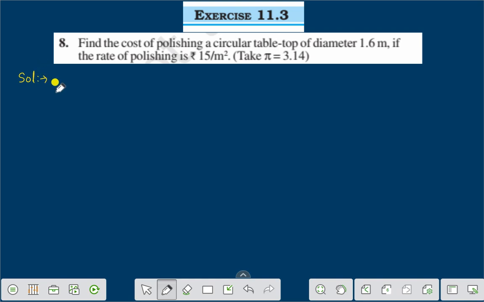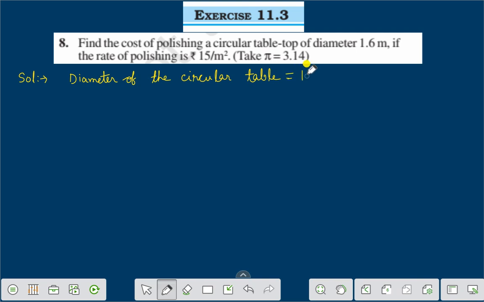The diameter of the circular table is equal to 1.6 meter.